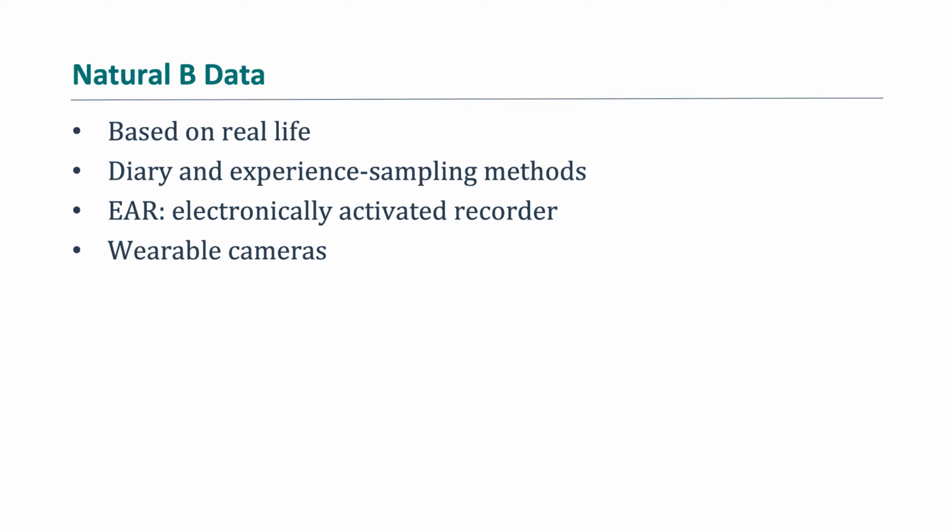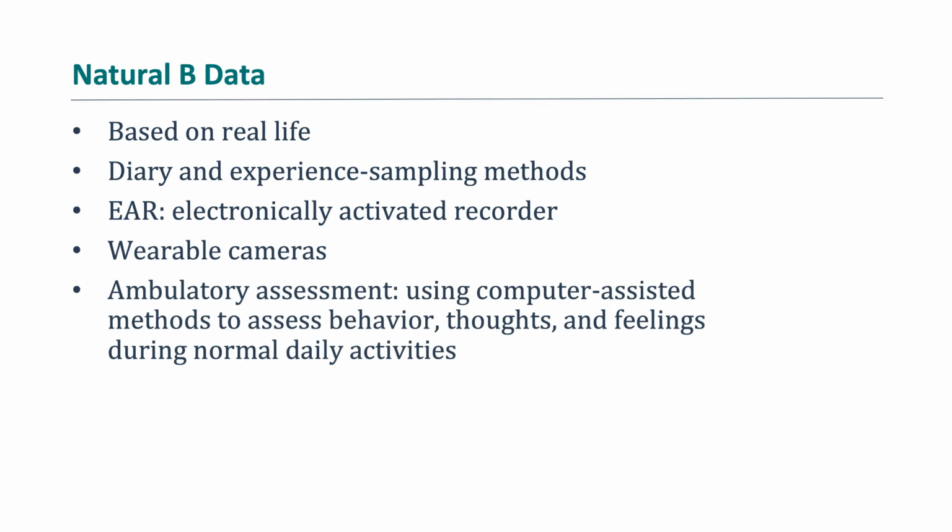You can do wearable cameras. There's lots of ways that you can actually do this. You can go to an ambulatory assessment, which is like using computer assisted methods to gather that information, right? But there's lots of different ways that we can gather this type of data. Social media is a good way of doing this as well. So tracking social media, and so these are lots of different ways of going about this.